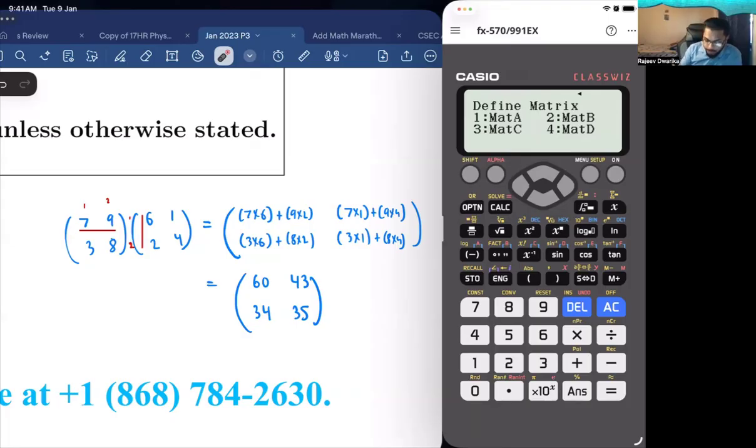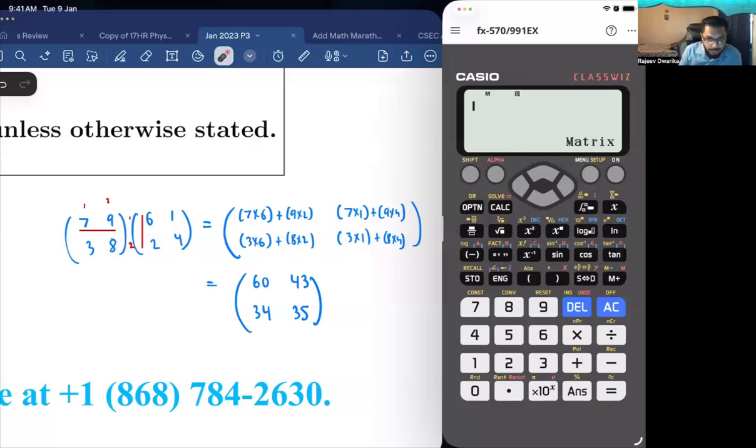Now you're going to press 2 for matrix B and put in the information there. So 2 rows and 2 columns again. That'll be 6 equal, 1 equal, 2 equal, 4 equal. Press equal and then press AC.